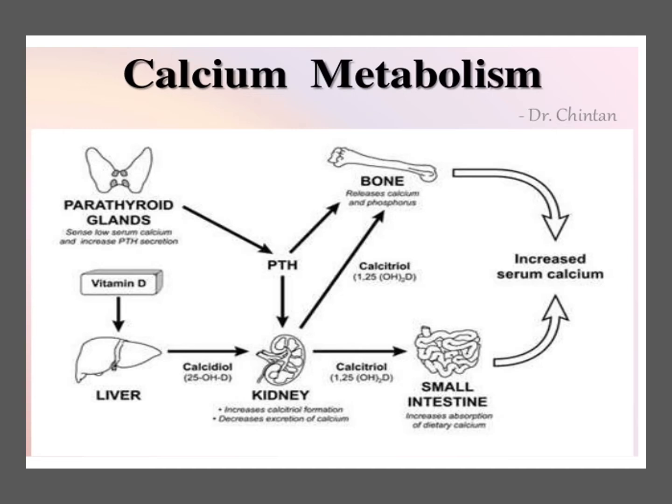So PTH tells the kidney to produce more active vitamin D. It also tells the kidney to stop excretion of calcium, start reabsorbing all the calcium, because the main aim of PTH, and therefore the parathyroid glands, is to elevate serum calcium.